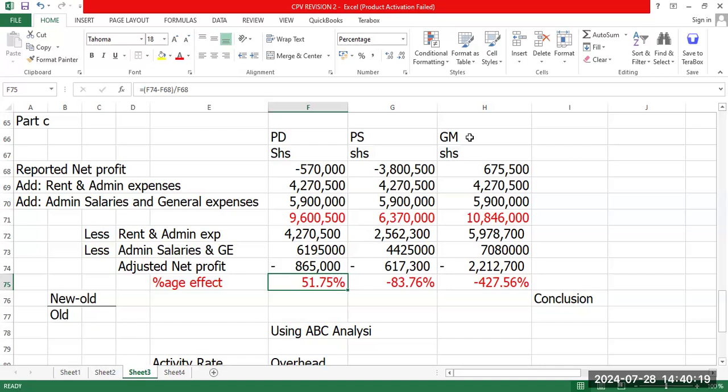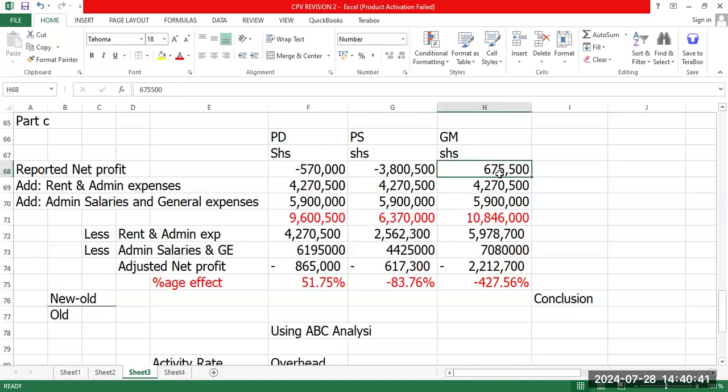But GM, remember GM at first proved to be the best performing. So now we are saying, but GM that appeared to be best performing moved from a profit position.